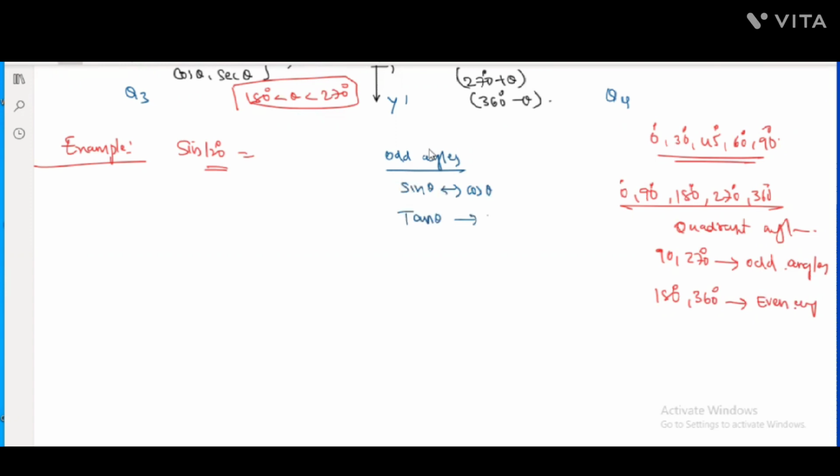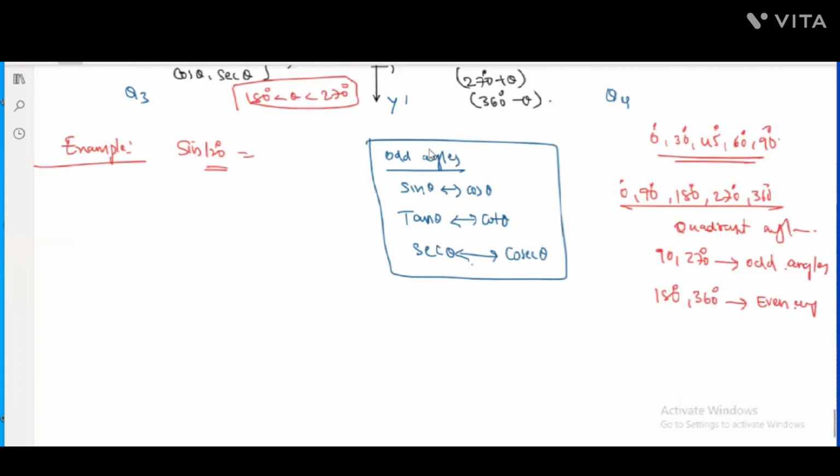Tan will be changed to cot, and cot to tan. Secant will be changed to cosecant, and cosecant to secant. So when odd angles come, meaning 90 plus or minus theta, or 270 plus or minus theta. When even angles come, there is no change.